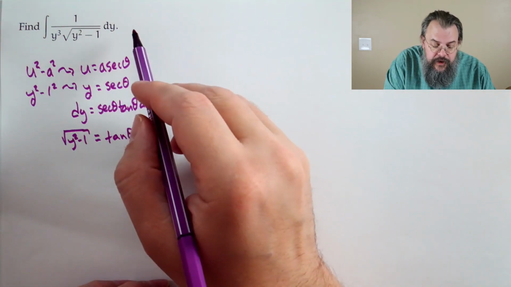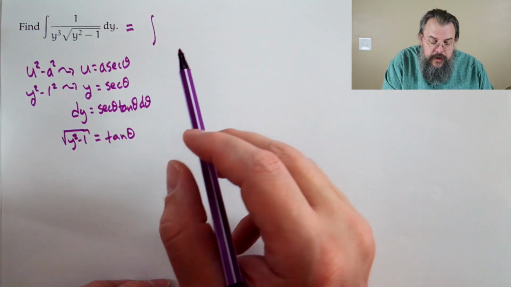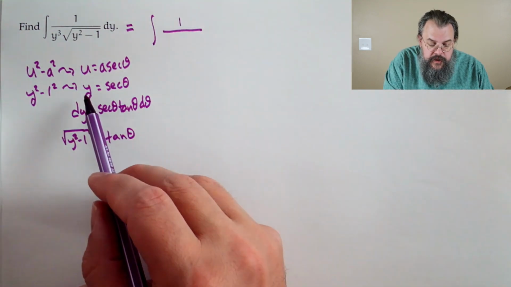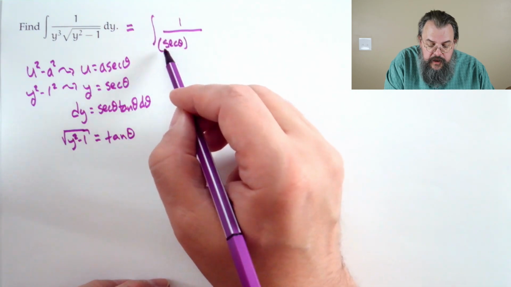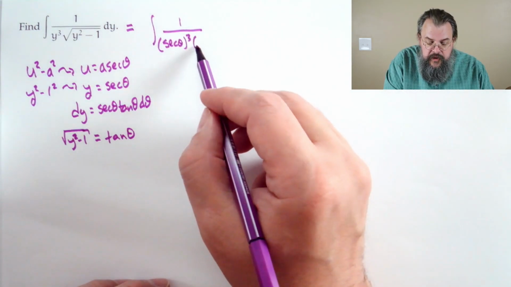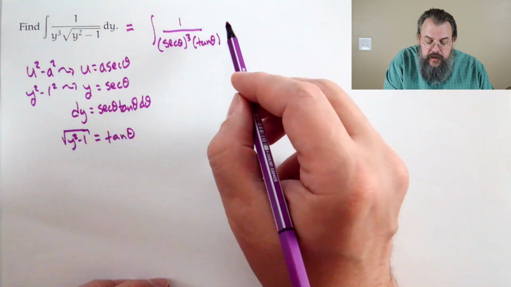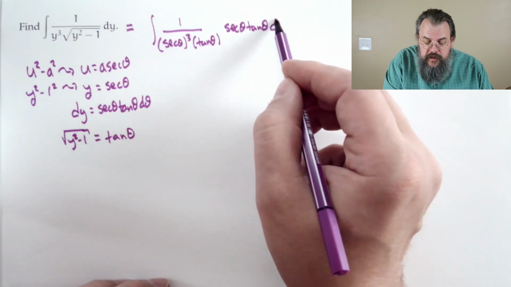All right, so making our substitution, we get 1 over y cubed, which is secant cubed, the square root of y squared minus 1, which is tangent, and dy is secant theta tangent theta d theta.